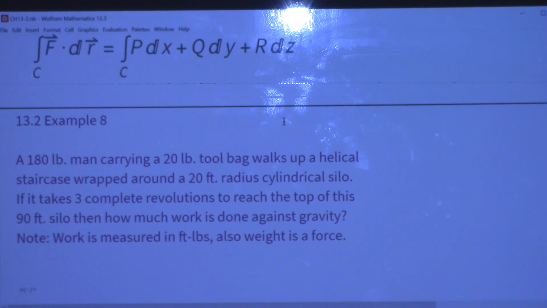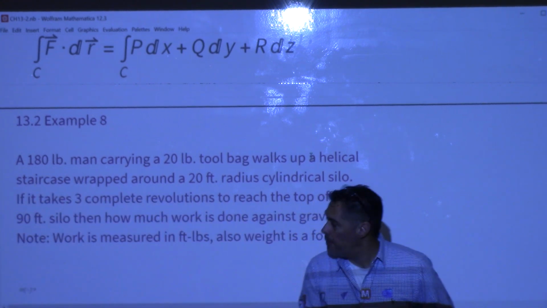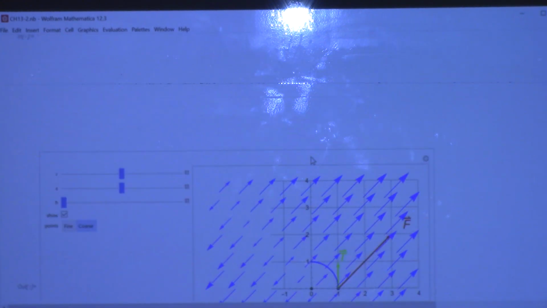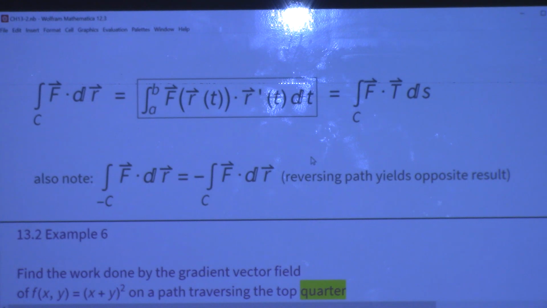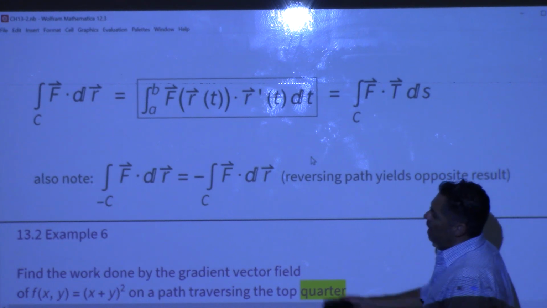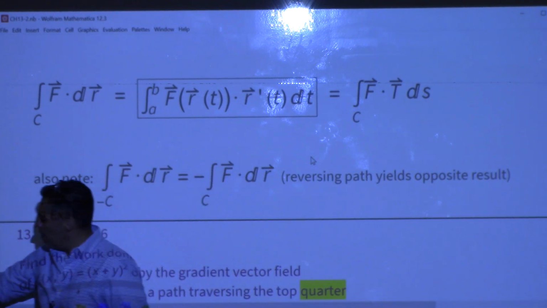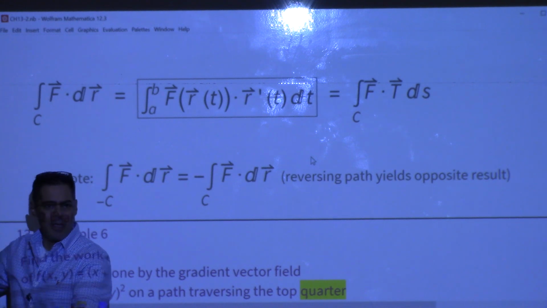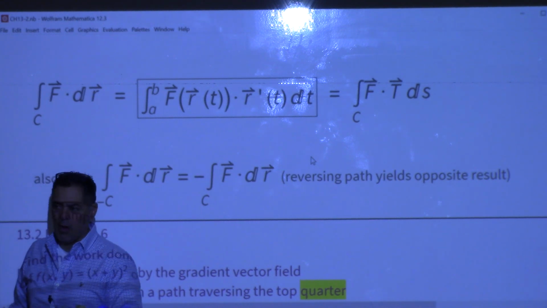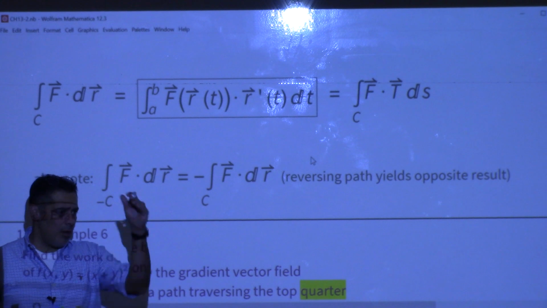So this right here is a vector, and we're going to dot it with another vector. Now this is in the notes, right? If I just scroll up, it's right there. It's that formula right there. Now I left it as C over here, but technically this should be a to b because those will be our restrictions on t that draw the curve.